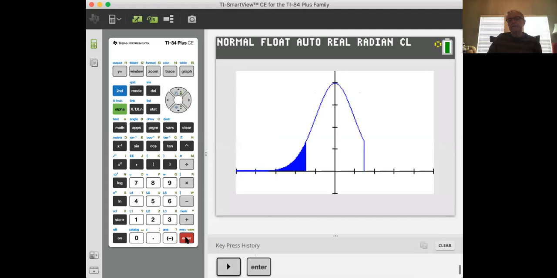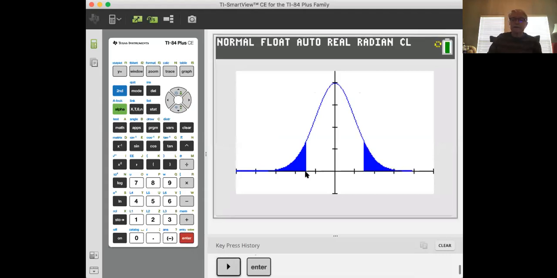And it has found the area underneath the curve farther away, in this case on the left, from the mean than the test statistic, which was negative 1.452, and it doubled it to get 0.1555, okay?